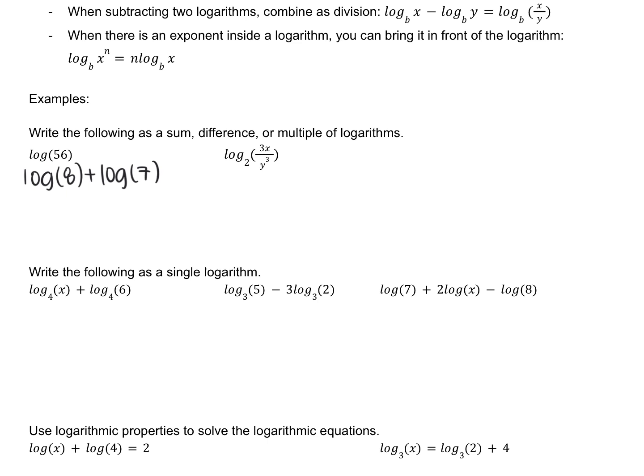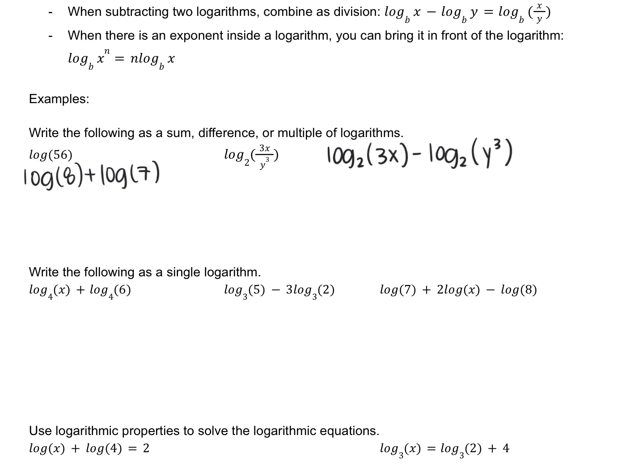For our second example, we have log base 2 of 3x over y cubed. So this is going to be multiple steps. My first step is to take my division and write it as subtraction. So it becomes log base 2 of 3x minus log base 2 of y cubed.